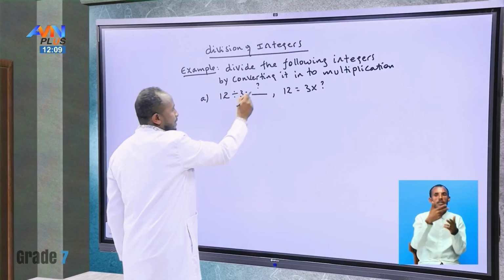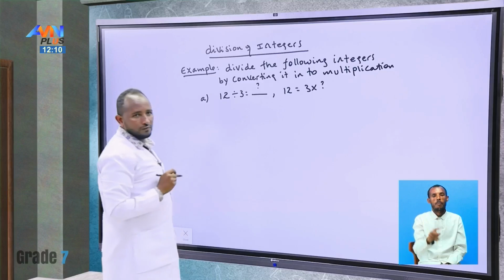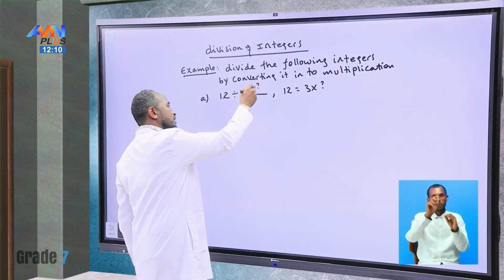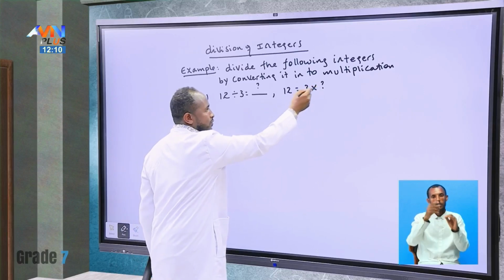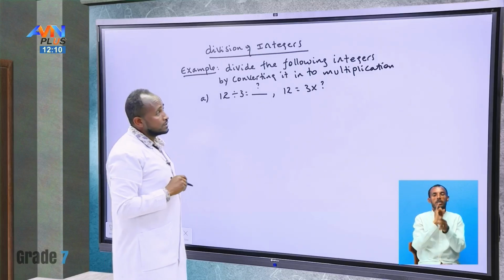So 3 times this, the result must give us this 12. So what number should be here so that the product of these two gives us 12? The answer is this.